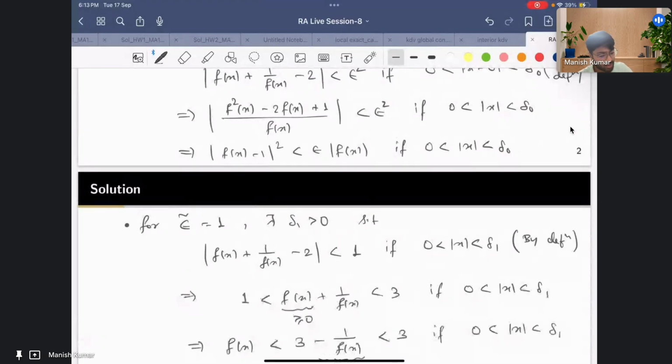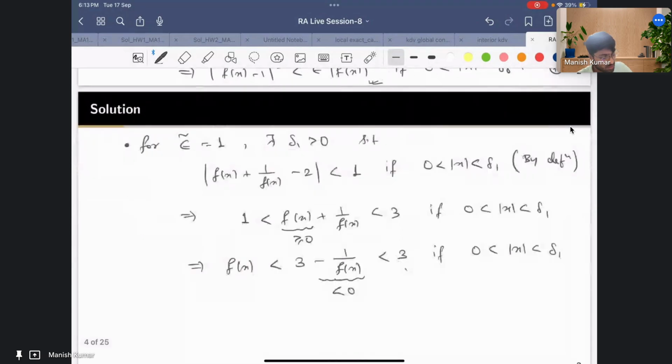But here what does it say? Let's say this is star. Star tells you that this inequality is true if my x lies between minus delta naught to delta naught, right? And this tells you that f(x) is bounded by 3 if my x is in minus delta 1 to plus delta 1.